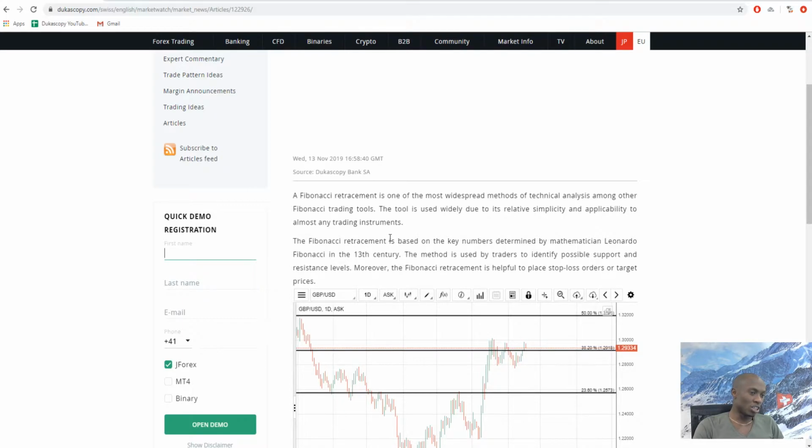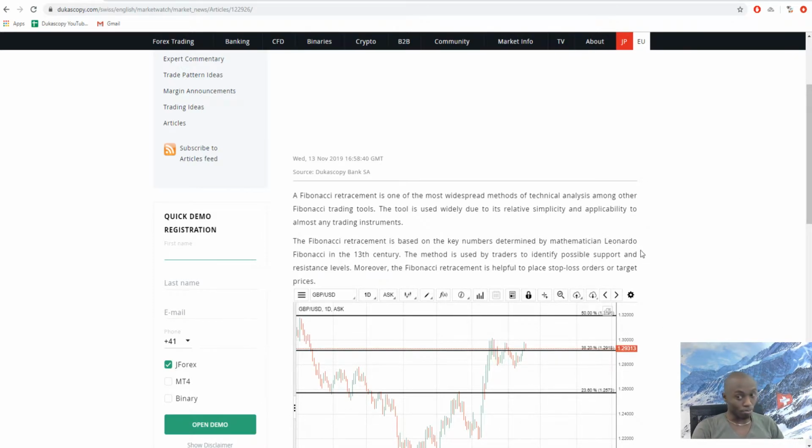And this Fibonacci retracement is the most popular tool in terms of Fibonacci for technical analysis. A lot of traders use this Fibonacci retracement to pinpoint a significant support or a significant resistance. That's the Fibonacci in general.